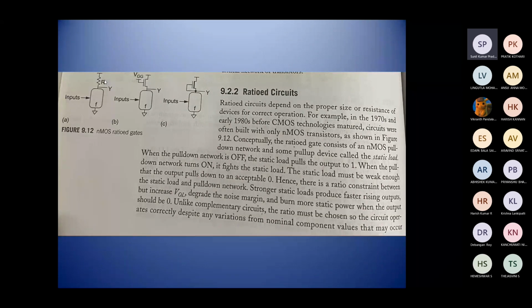And unlike complementary circuits, the ratio must be chosen so that the circuit operates correctly despite any variation from the nominal component values that may occur.